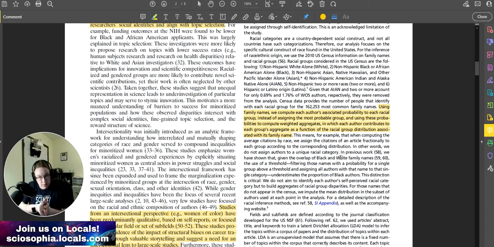And so that's where it gets interesting, because they assign it by the probability, and I suggest fractionally assigning citations. So they're basically saying if an author is biracial, half black and half white, for lack of a better way to describe it, 50% of their citations would be assigned to the category of black, and 50% of their citations would be assigned to the category of white.